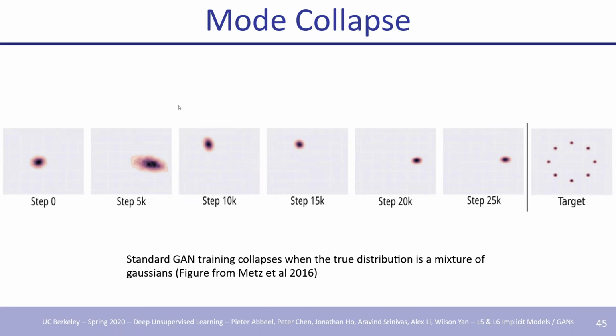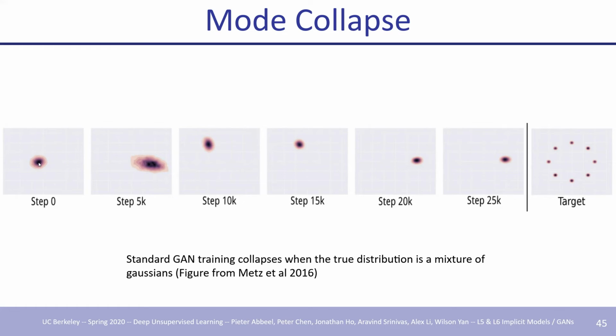So what happens in mode collapse is that the generator, so this is our target with different modes, figures out that there is one point that produces something that can fool the discriminator. So all of the gradients go towards that point.